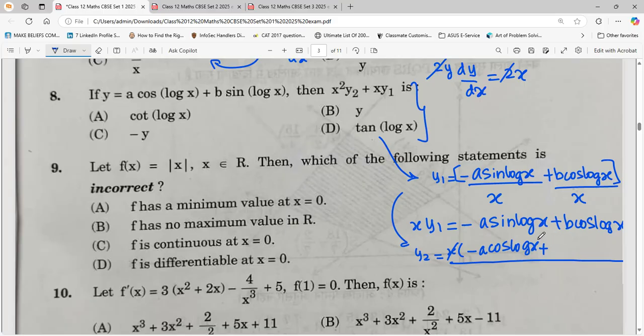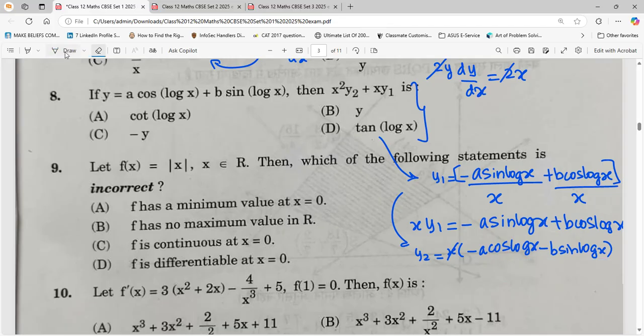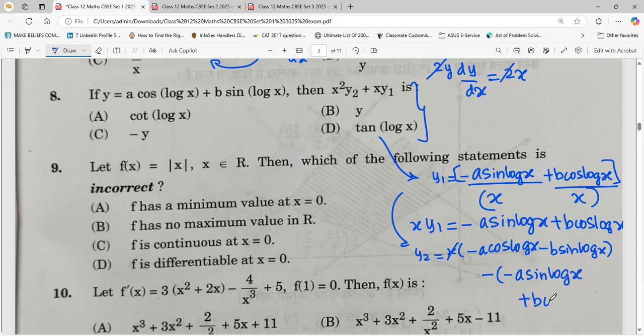It should rather be minus b sin log x divided by x, and that x again gets cancelled. So this whole term plus another term. We have just done the v u dash part, minus u v dash. v dash is just 1, x if you differentiate becomes just 1. So minus a sin log x plus b cos log x, the whole divided by x square.